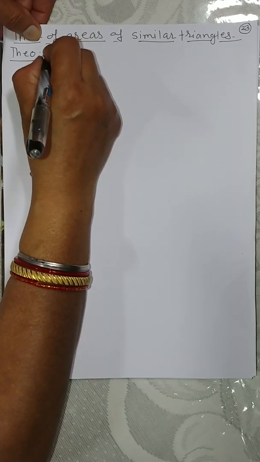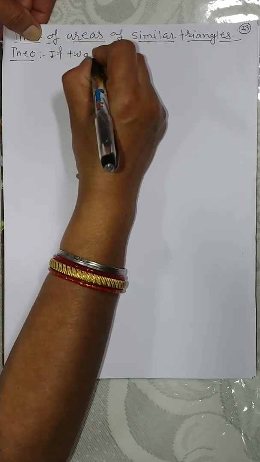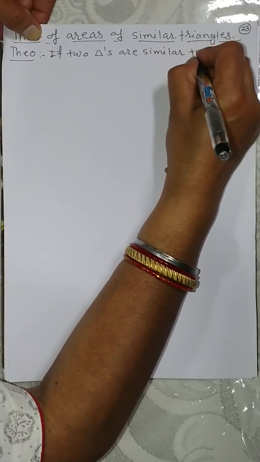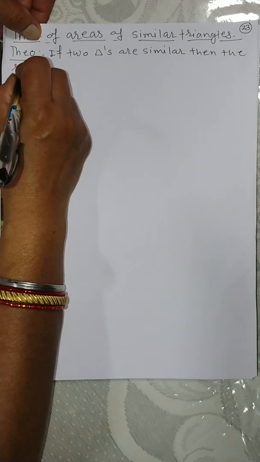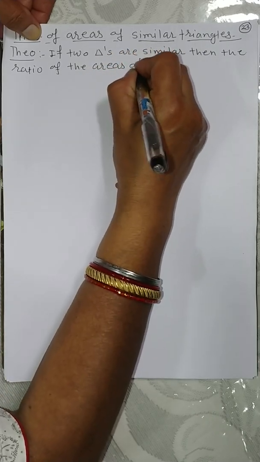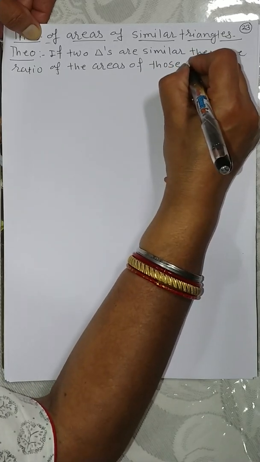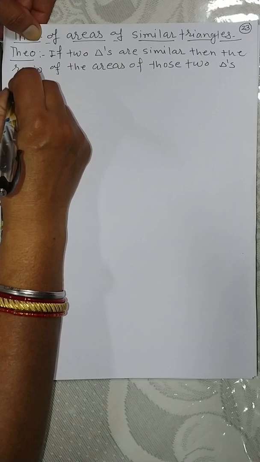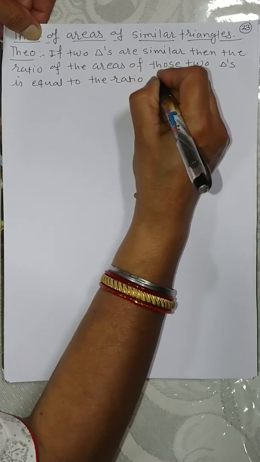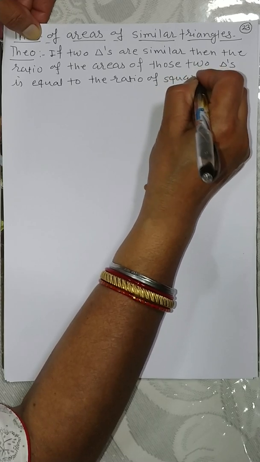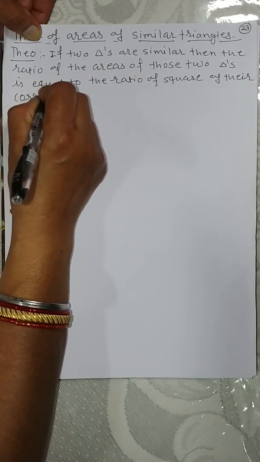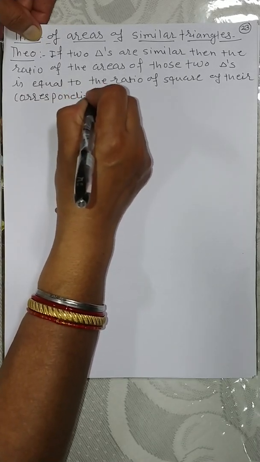If two triangles are similar, then the ratio of the areas of those two triangles is equal to the ratio of the square of their corresponding sides.